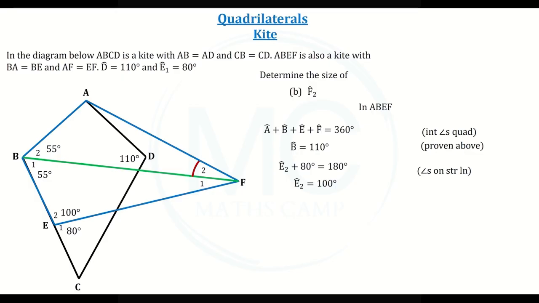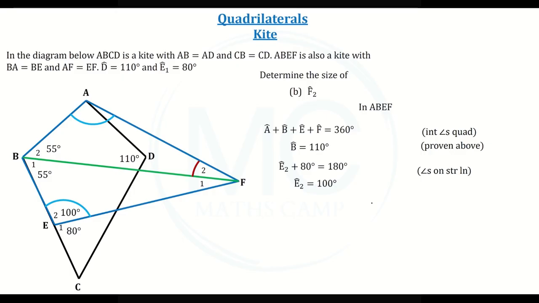Now we have the size of angle B and the size of angle E. But to find the size of angle F, we still need the size of angle A. Angle E, let's make it blue. And angle A, let's make it blue as well. Both sit on opposite sides of the main diagonal BF.